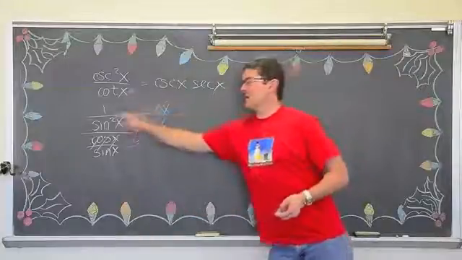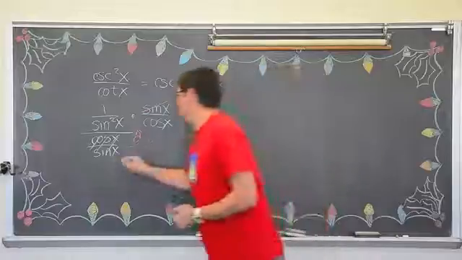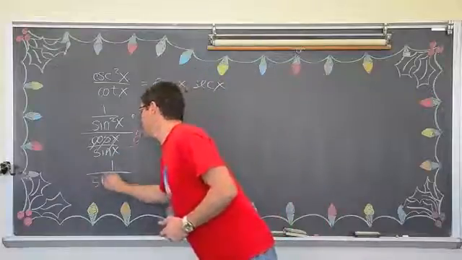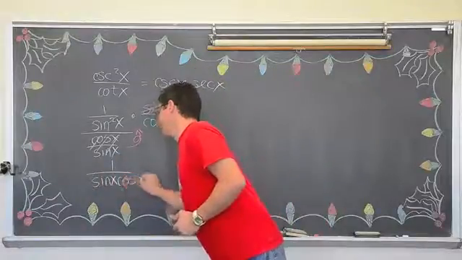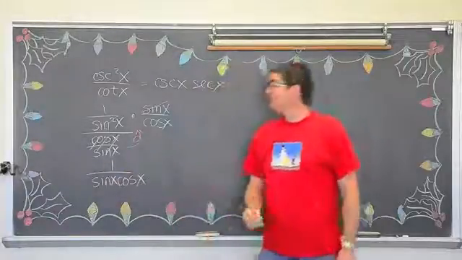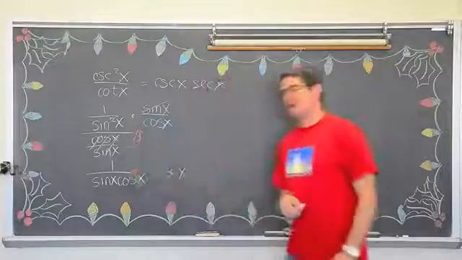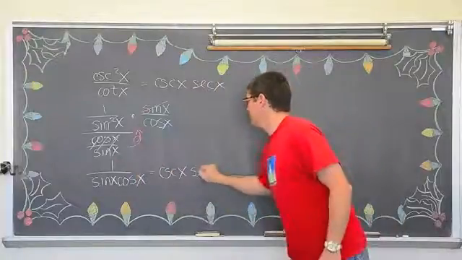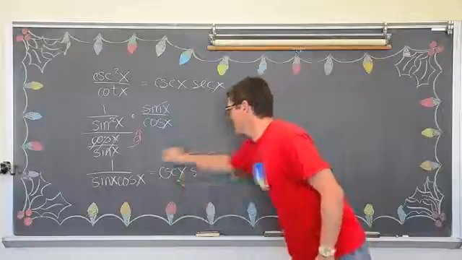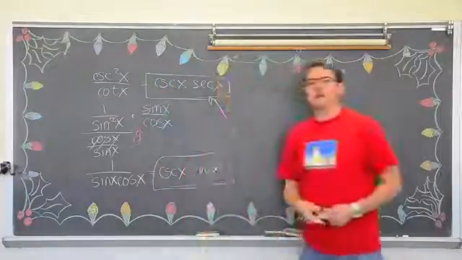The one sine on top will cancel with one of the two sines on the bottom, giving us 1 over sine x cosine x. And 1 over sine is cosecant. And 1 over cosine is secant. So bam! Look at that. We only worked with the left-hand side, and we got it to perfectly match the right-hand side.